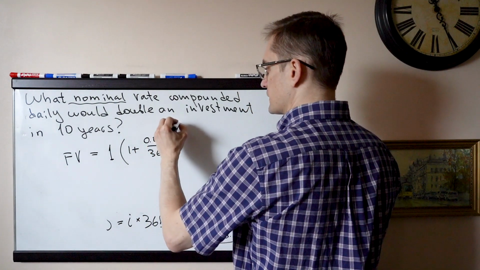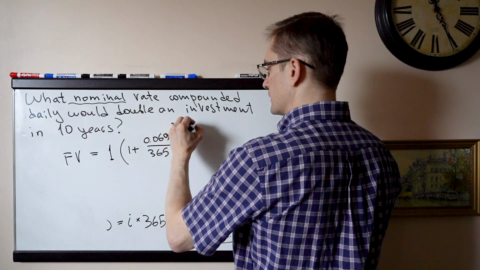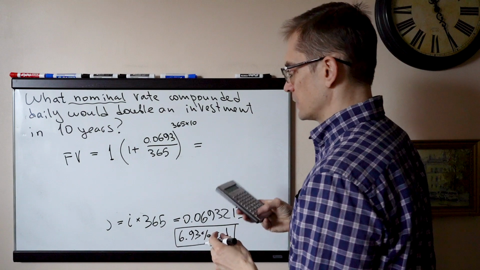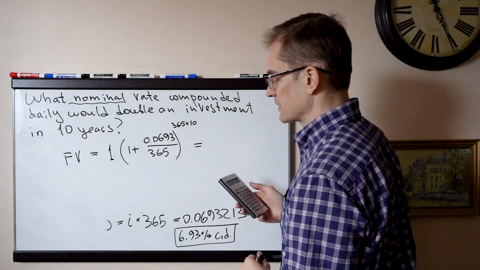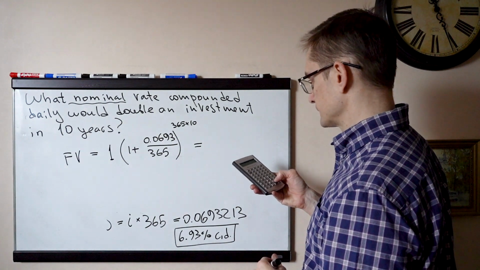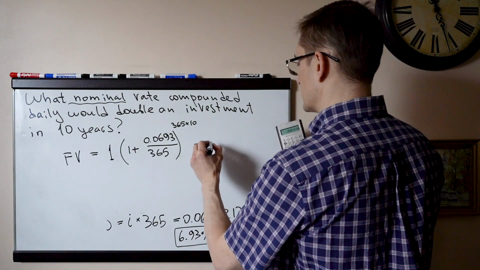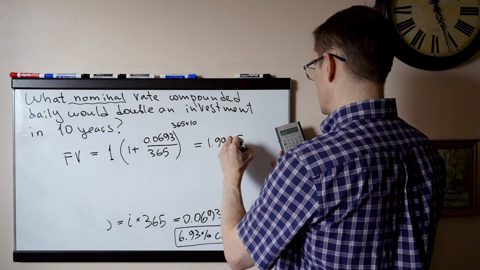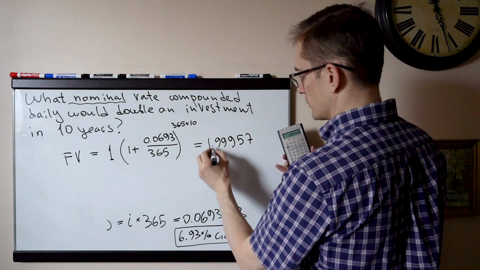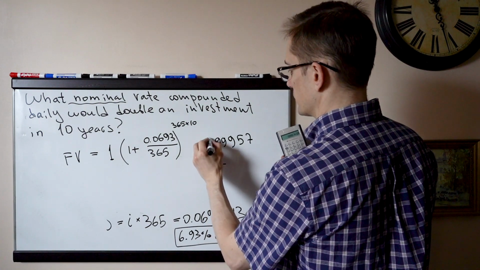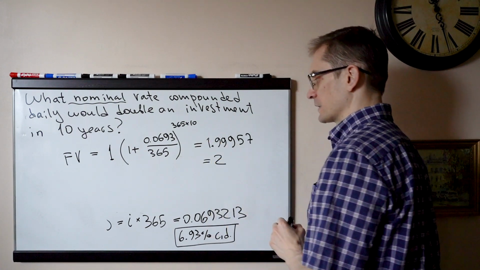Exponent is 365 times 10. Again, we will use as many decimals as possible as our calculator allows, and let's compute that. Yeah, so I get 1.99957 and so on. So of course you can see that that's actually 2, right, around. We are pretty exact here.